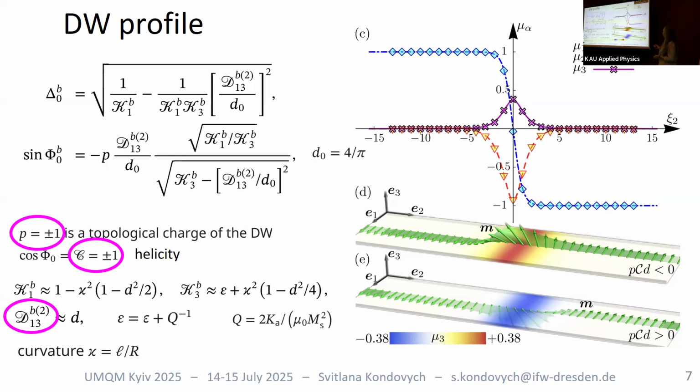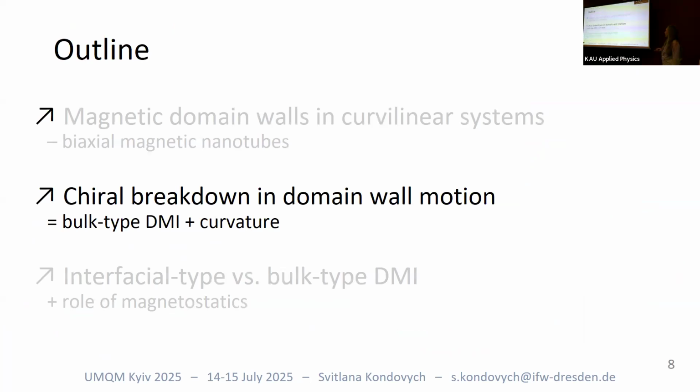Here you see the profiles of two domain walls of different chiralities. So if the product of these three components is less than 0, we have one chirality of the domain wall, and if it's positive, we have another chirality.